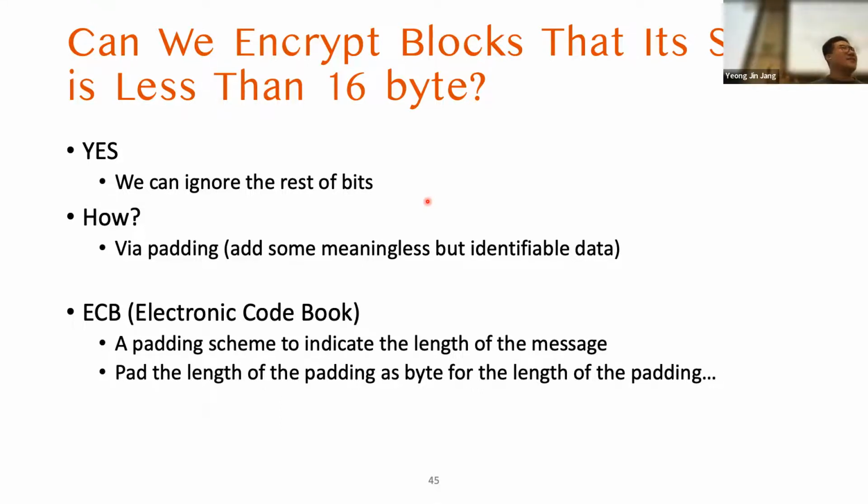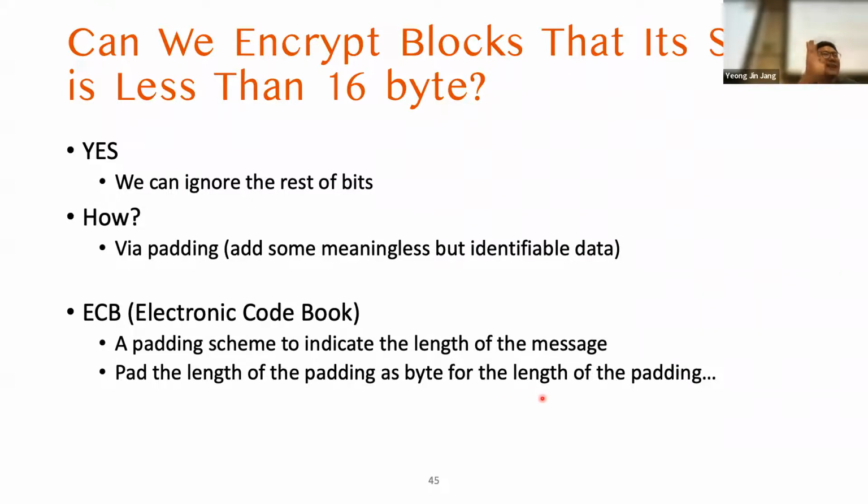For an arbitrary size message, we can use the block cipher multiple times, and at the end there could be a block that does not have 16 bytes. If we can encrypt that correctly, then we can handle arbitrary sized messages with the block cipher. How ECB works is to pad with bytes whose value is the length of the padding.